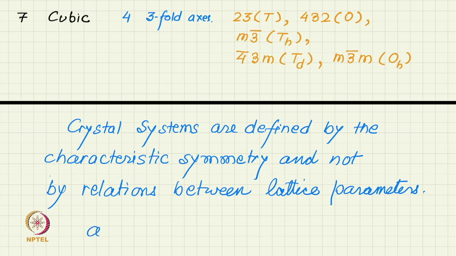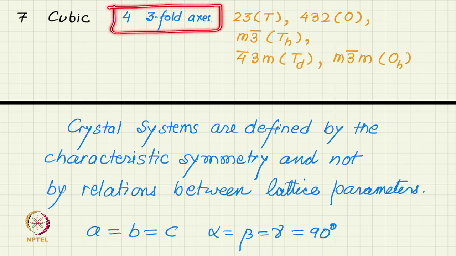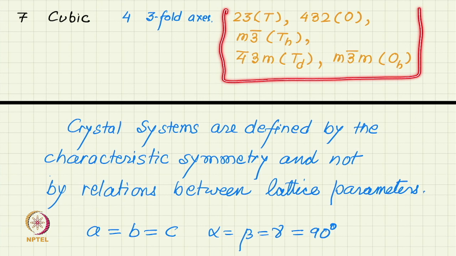a equal b equal c and alpha equal beta equal gamma equal 90 degrees. This is considered to be the cubic crystal system, but now we are saying that the crystal system is not defined by this relation, but by the requirement that it should have 4 three-fold axes, or only these 5 different point groups.